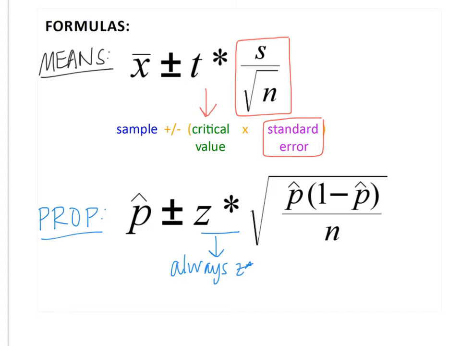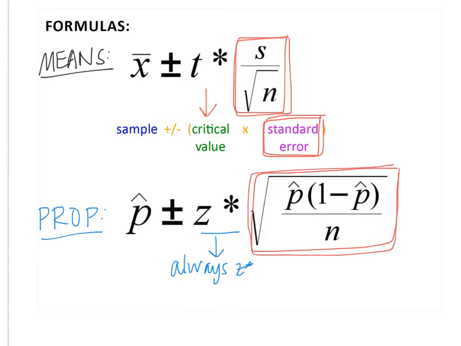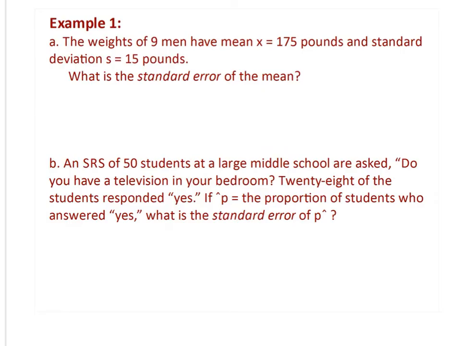But then we have z star times the standard error, and this entire piece is the standard error. The standard error is just a fancy word for the standard deviation of the sampling distribution. So standard deviation of the sampling distribution is the same thing as standard error, and it's these two formulas that we've been working with for a long time. So they could throw that in there as a challenge problem.